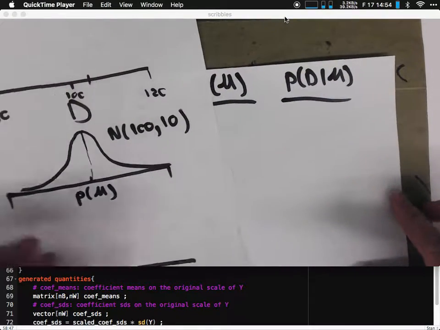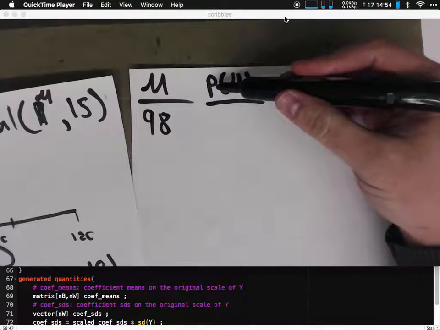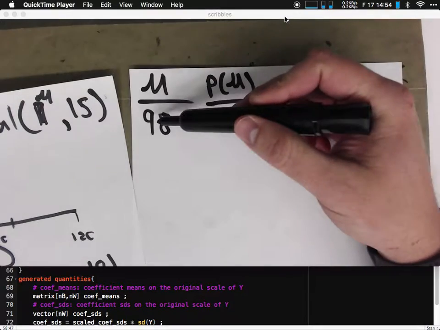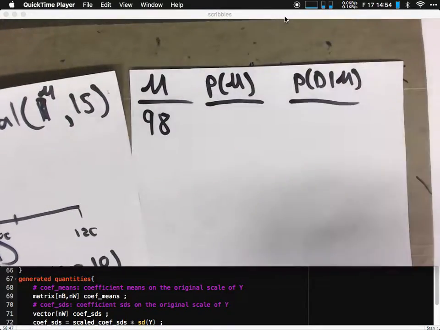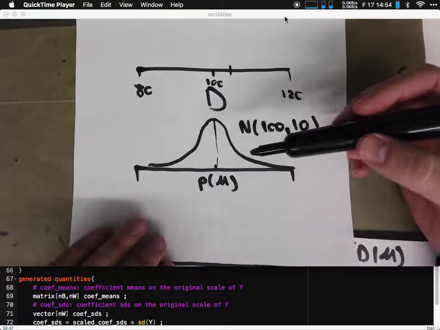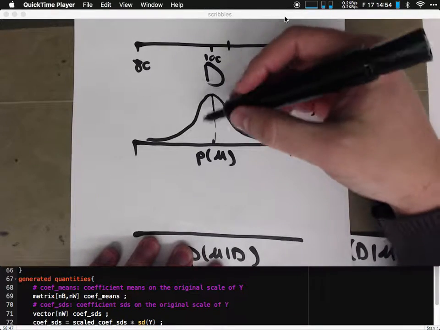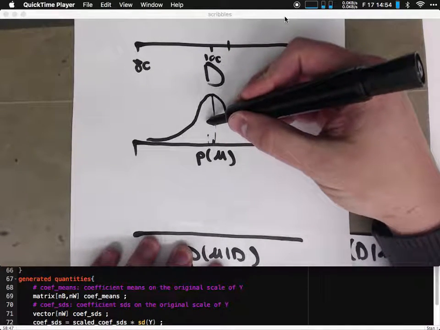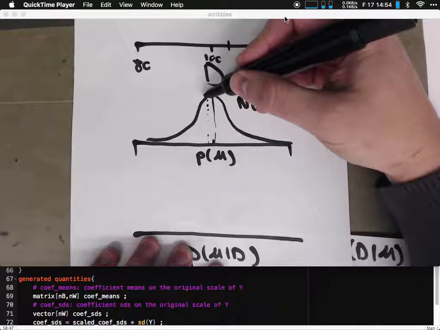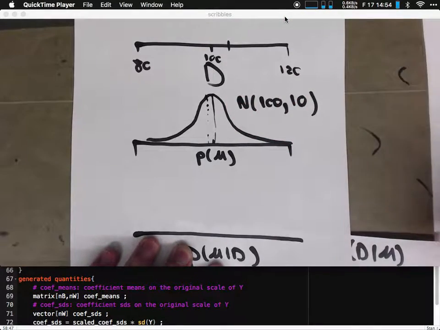Well, the first thing to do is figure out the probability of mu at 98. So we'd look at our graph for the probability, and we see, okay, here's 98. Let's go up until we find 98 and find out the height of the curve at 98.